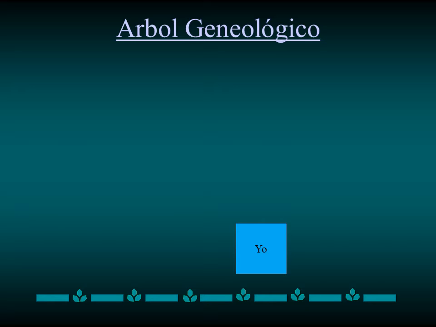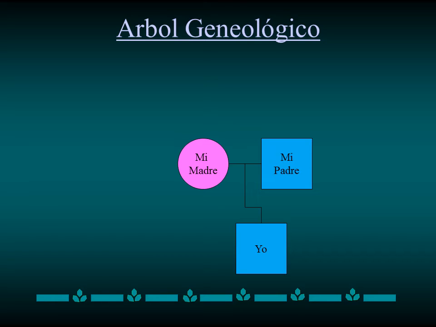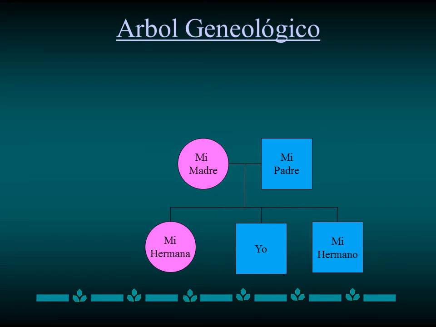So here we go. We've got yo, me, myself, yo. And let's look at my family, mi familia. Hoy tengo mi madre, mi padre, my mother and father. Y ellos tienen 3 hijos, mi hermana, mi hermano, y yo.